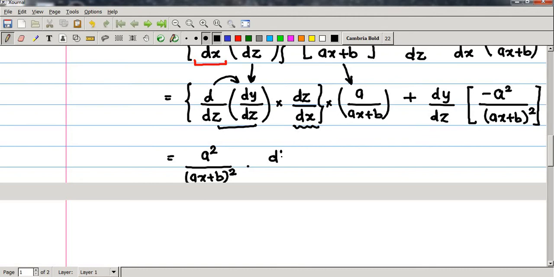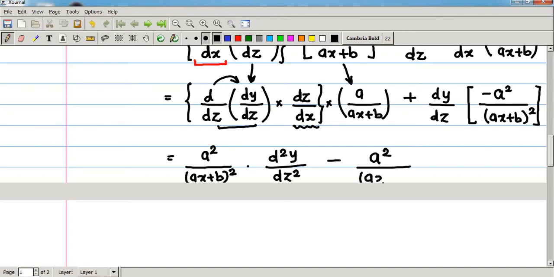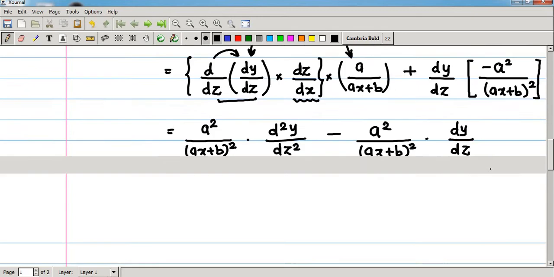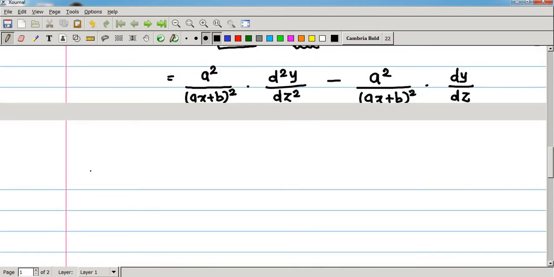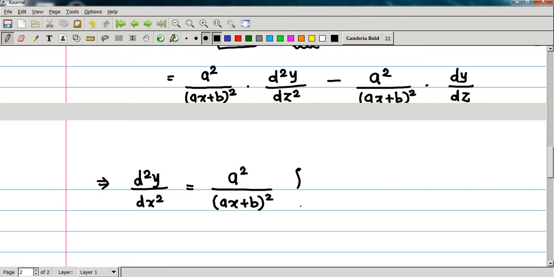It is nothing but the second order derivative of y with respect to z minus a square upon (ax plus b) square into dy by dz. Now we can take the common terms inside. So this implies, since our left hand side is the second order derivative of y with respect to x, we take a square upon (ax plus b) square outside.